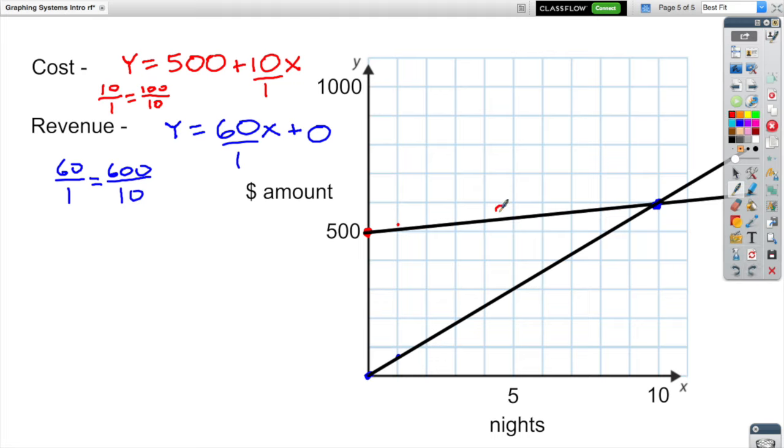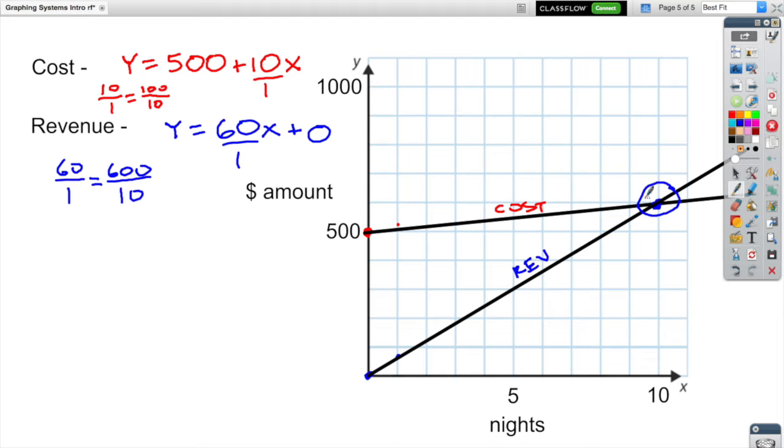So if this line represents the costs and this line represents the revenue, what this graph is telling me is that for a while we're operating this business and we're not making any money, right? Because the cost to run the bed and breakfast is more than the money I'm taking in, up until right here where the two lines cross.